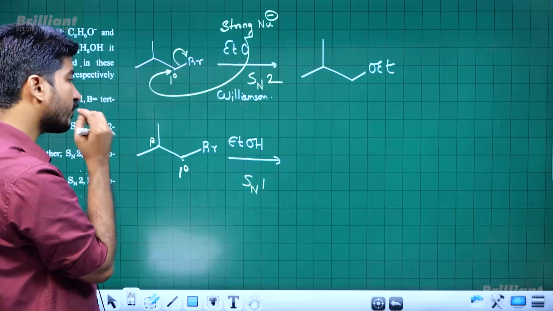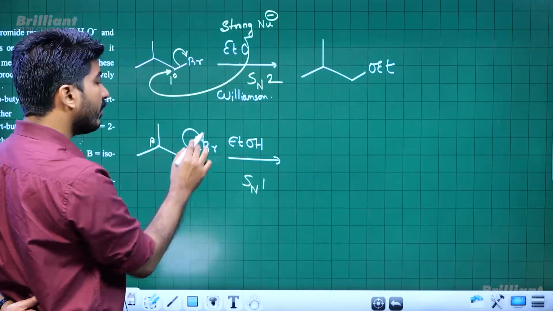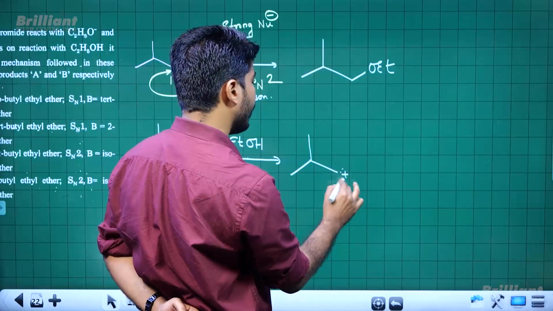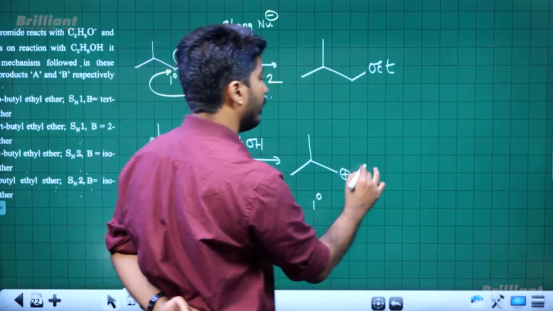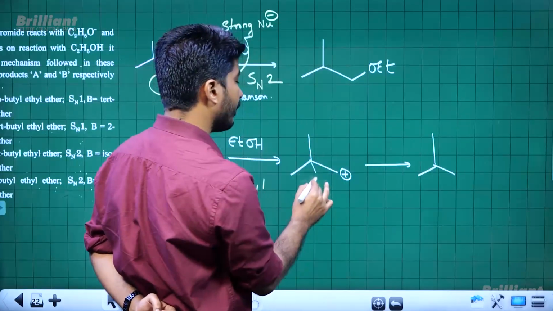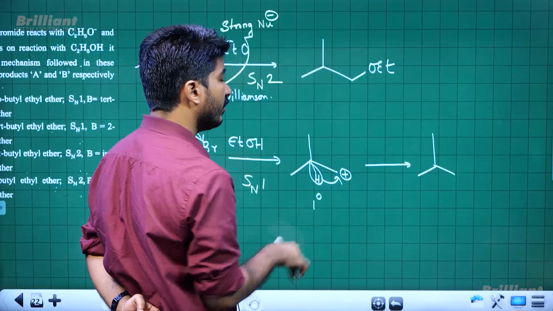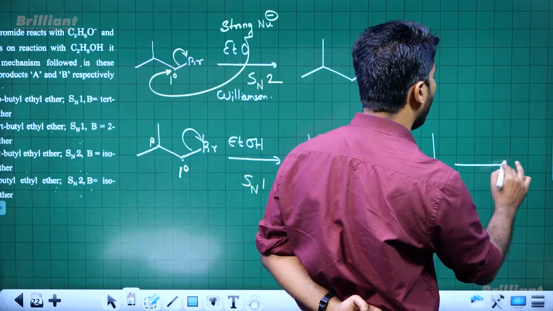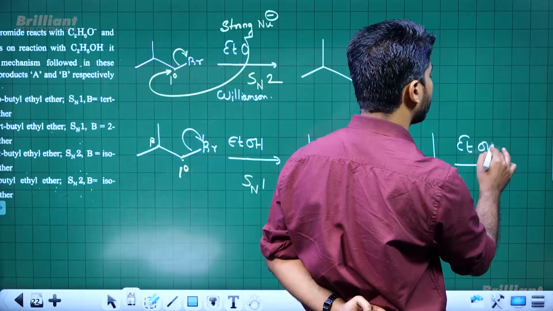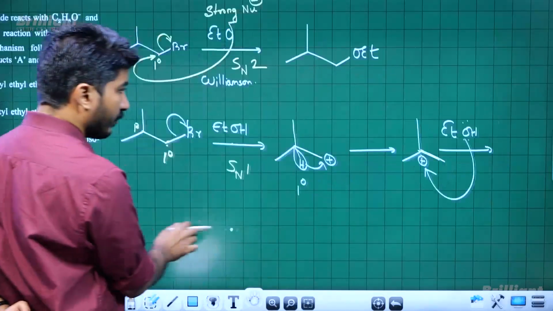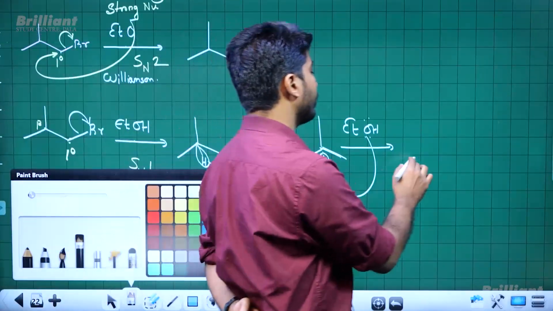And in the second case, a solvolysis reaction, SN1 mechanism, we have predicted it. First a primary cation forms, then it rearranges to a tertiary very quickly because we have a hydrogen which undergoes a shift to that side, and we get a tertiary butyl carbocation on which an ethanol molecule attacks, to give the corresponding ether again.